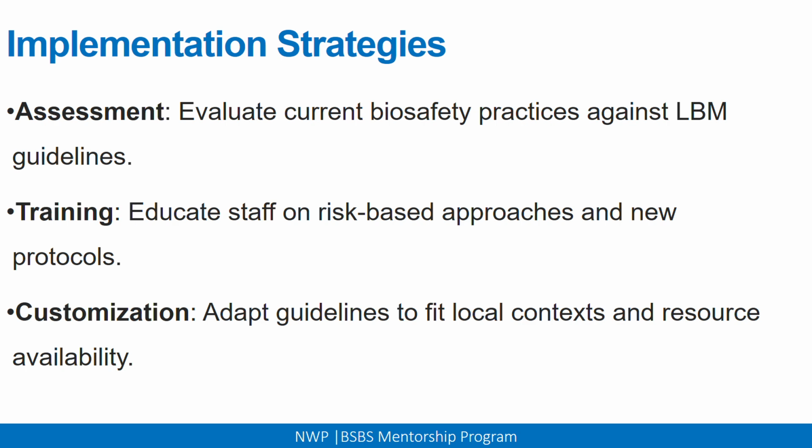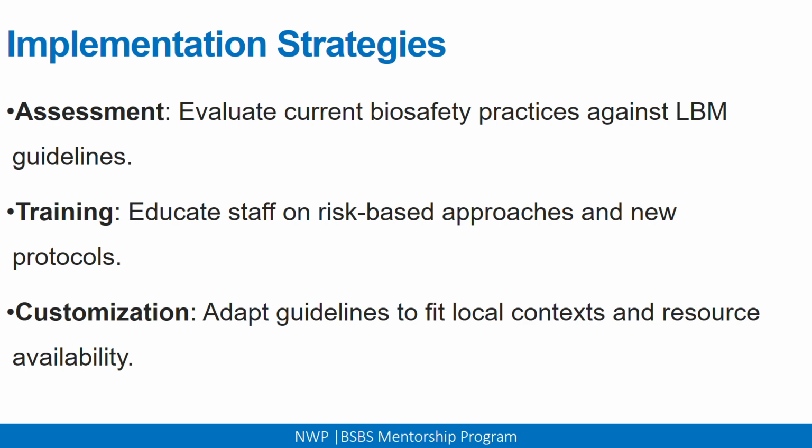Okay, so how do you implement this particular document as well as the monographs? The first thing you need to do is an assessment. So how do you do the assessment? You evaluate your current biosafety practices against the Laboratory Biosafety Manual guidelines. You look at the guidelines that are in the manual against what you're currently doing.